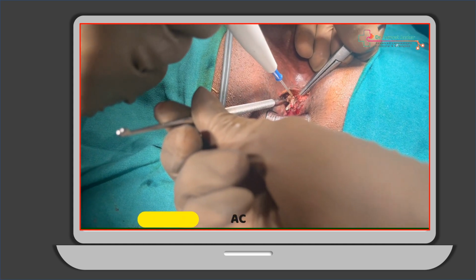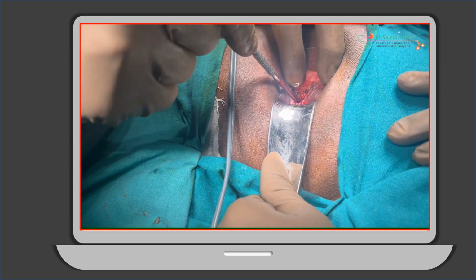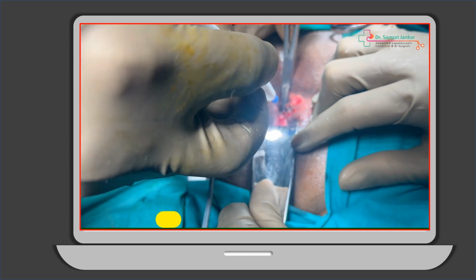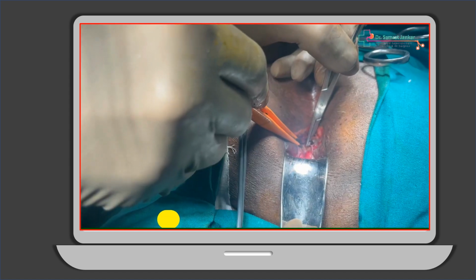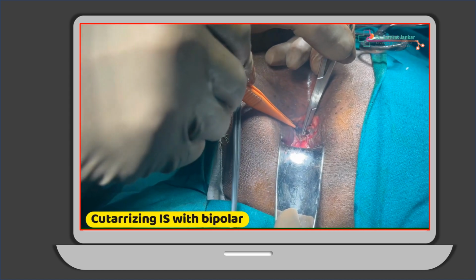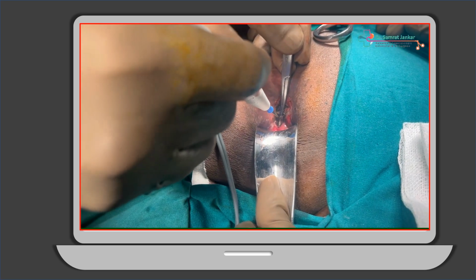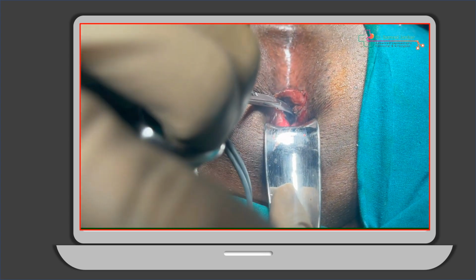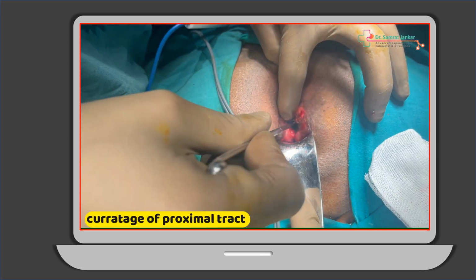Our intent is to do the intra-anal fistulotomy. Once the tract is completely disconnected, we curette it, and thorough curettage of the tract has been done. Then we take an incision again, extending into the anal canal and opening the whole intersphincteric space, and complete intra-anal fistulotomy has been done.